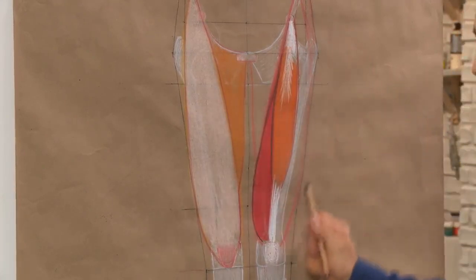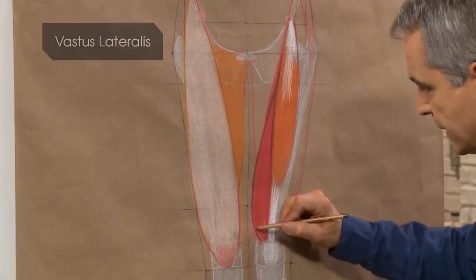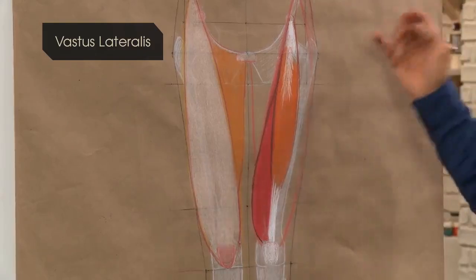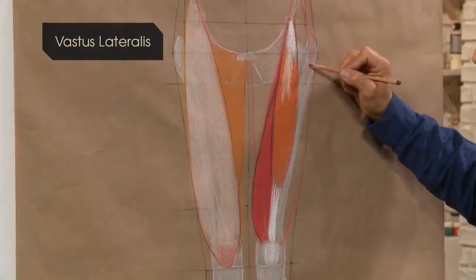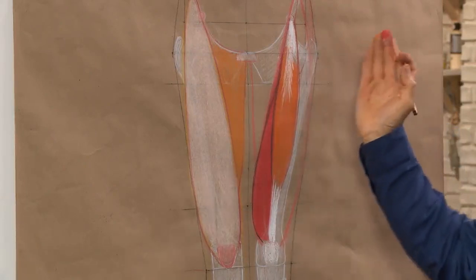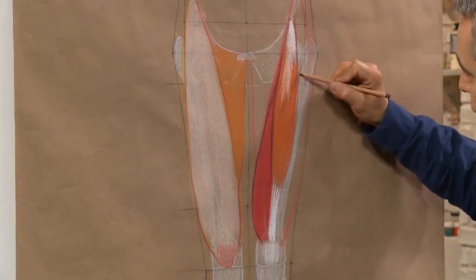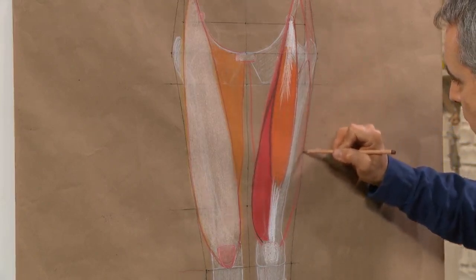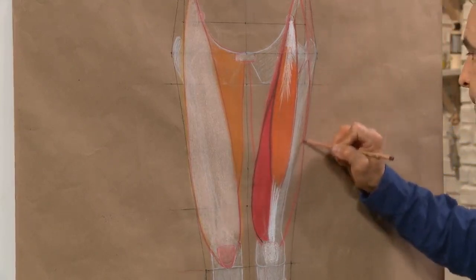Now, this one on the side is a vastus, but lateralis because it is, again, on the side, okay? So this muscle will start from just halfway down the trochanter and then will wrap around the femur. We're not going to be concerned with that now. But it will be the muscle on the side in here, okay?